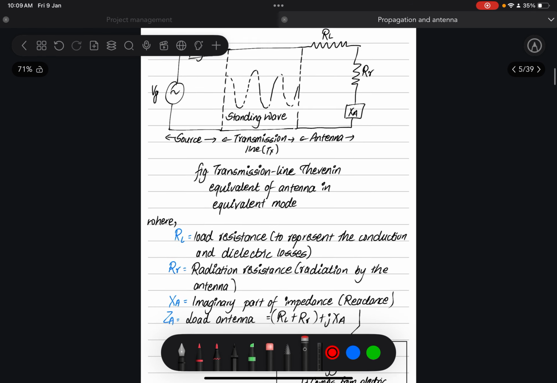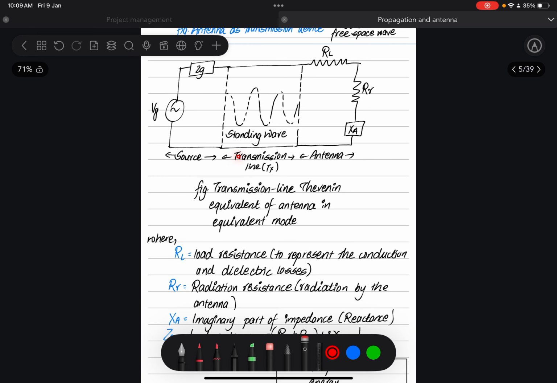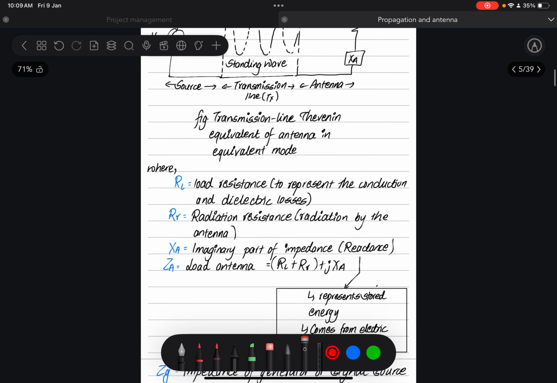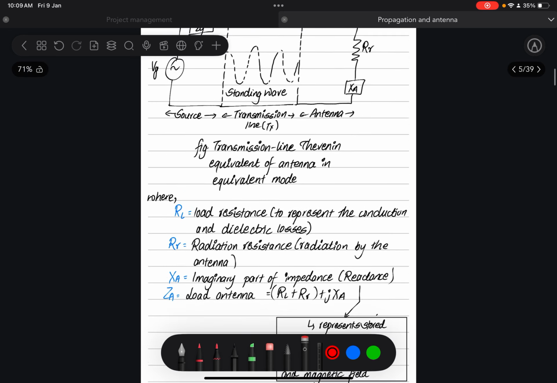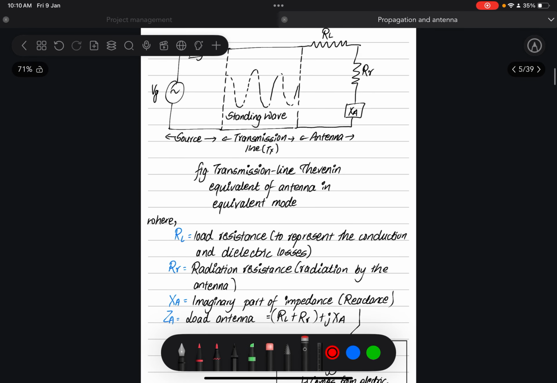We represent it as an imaginary part because it represents the stored energy, which comes from the electrical and magnetic fields in the antenna. ZA is the equivalent load of the antenna, meaning RR plus RL plus jXA. This part is the antenna.